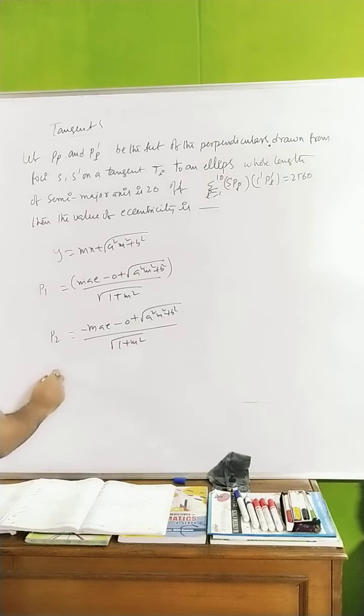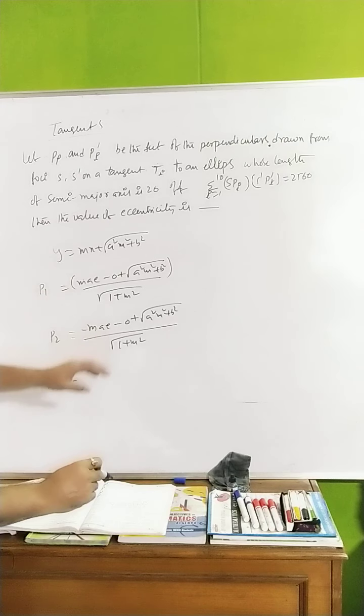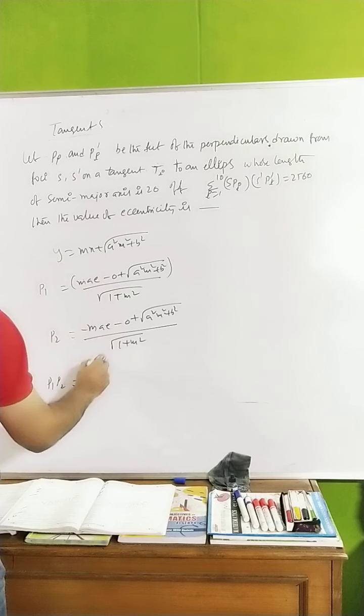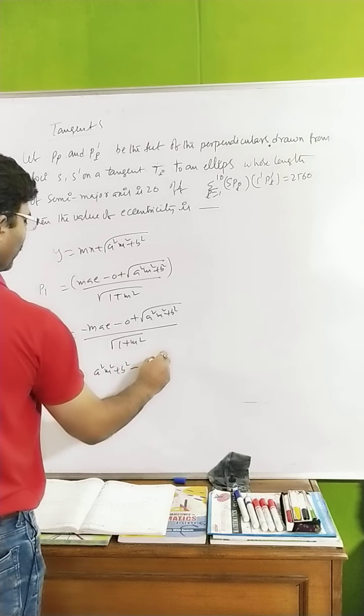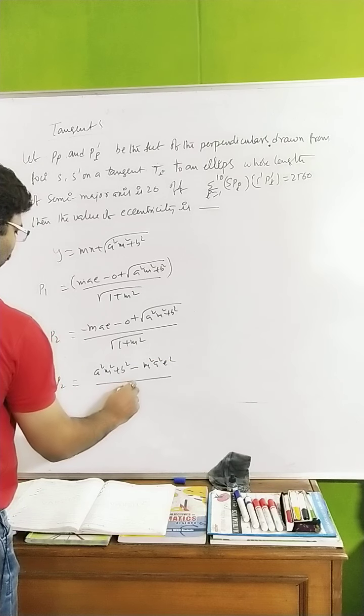Suppose you multiply these perpendicular distances P1, P2, what are you going to get? This is (a square m square plus b square minus m square a square e square) divided by 1 plus m square.